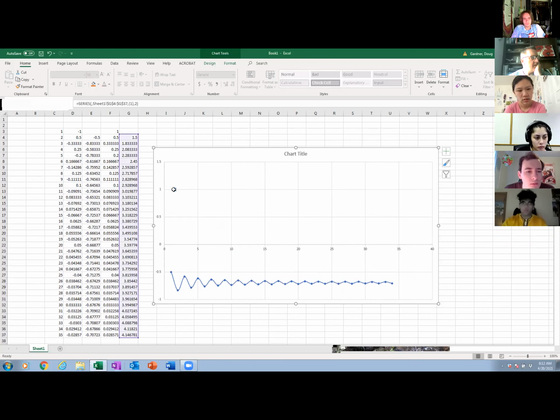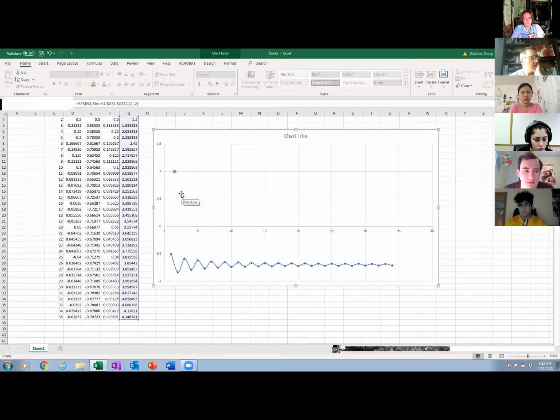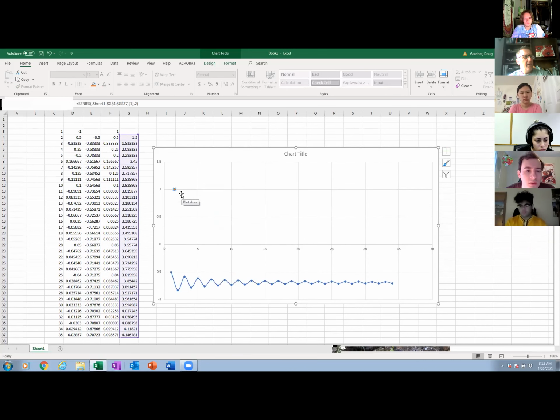Let's see, that didn't seem to like that too much. Not sure I know why. That felt pretty good. It felt like it was working. Maybe for some reason it didn't expand the axes so you can't see all the points. Yeah, I think that's all it is. Because notice those values, it starts out at 1.5, then it goes 1.8. Notice the top of my graph doesn't show that.